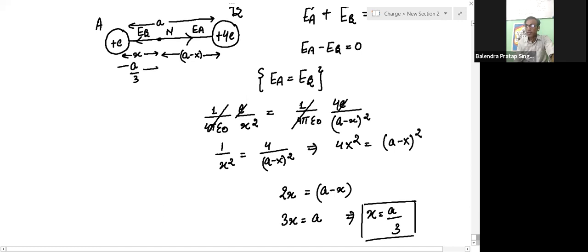And what about this distance? Anyone tell me what will be this distance? A minus a by 3 is... How much is this distance? Saifullah, tell me. If x is equal to a by 3, then what remains?